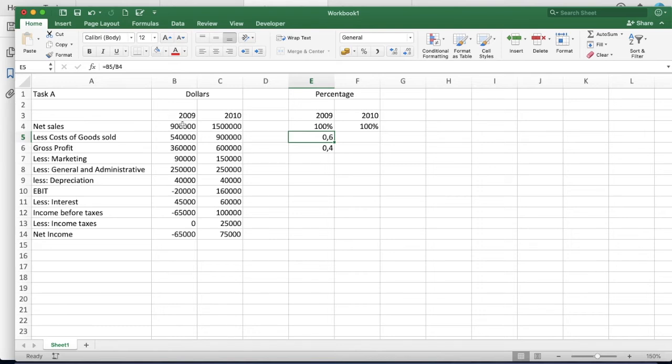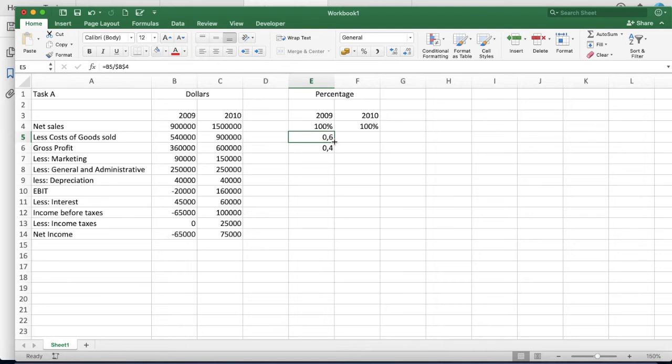In order to do so, we add the $ sign to the cell B4. By doing so, we are fixing this cell. Then click on enter. We keep the same number, see? We are just fixing the B4.